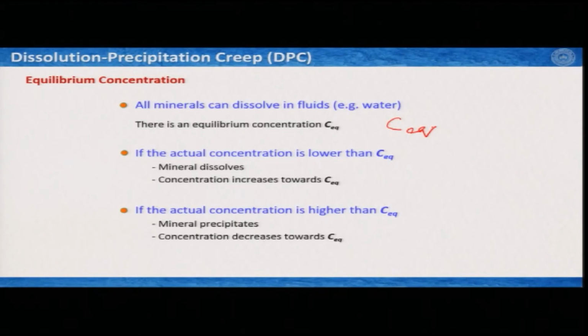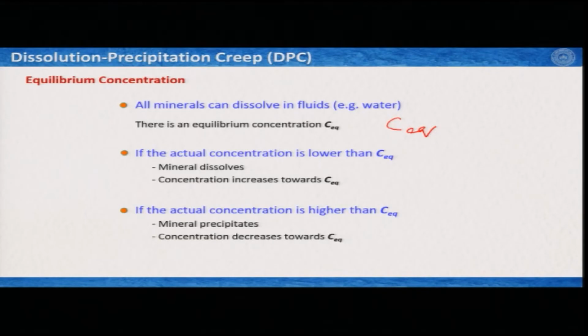If the actual concentration is lower than this equilibrium concentration CEQ, then the minerals do dissolve, and the concentration of this fluid increases towards the equilibrium concentration. This is very simple, because if you are adding more material to the solution, it would slowly saturate and achieve the equilibrium concentration.